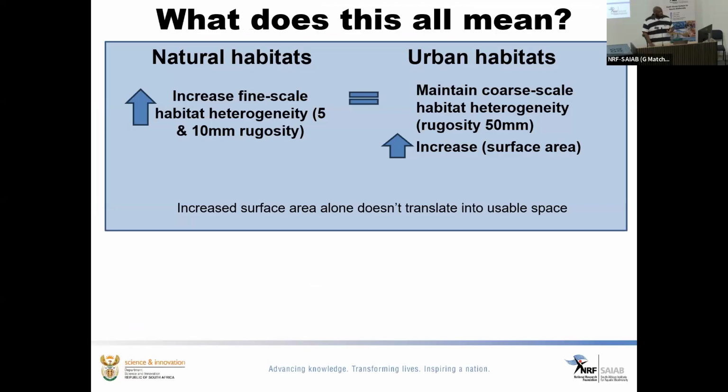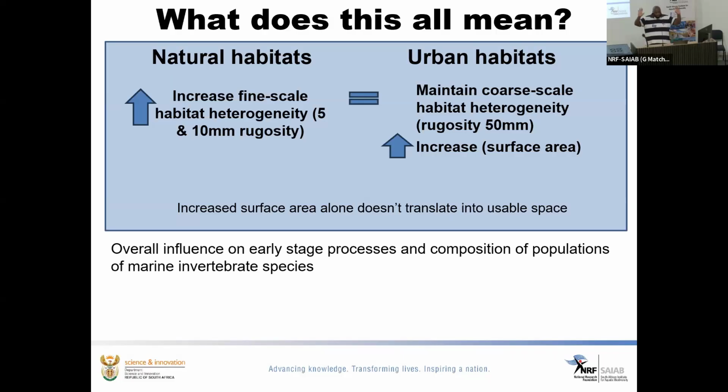Natural habitats have increased fine scale habitat heterogeneity at the 5 and 10 millimeter scales, while at the coarse scale of 50 millimeters, natural habitats equal urban habitats. In addition to that, urban habitats have increased surface area. However, increased surface area alone does not translate into usable space.